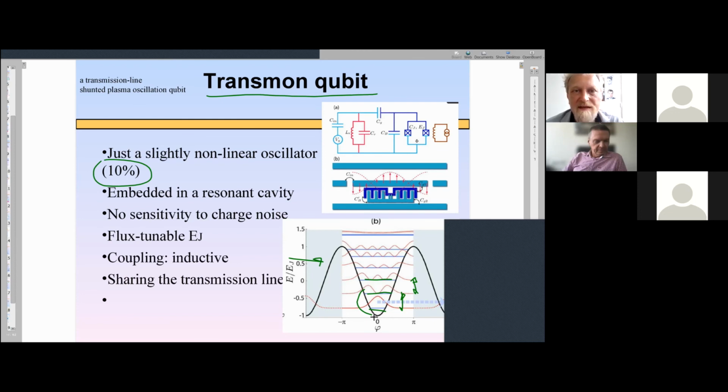What makes it so special, and why it has such a fancy title, the official translation of this title is a transmission line shunted plasma oscillation qubit. Plasma oscillations correspond to energy quantization in this well. And transmission line means that these qubits are physically placed onto a transmission line.